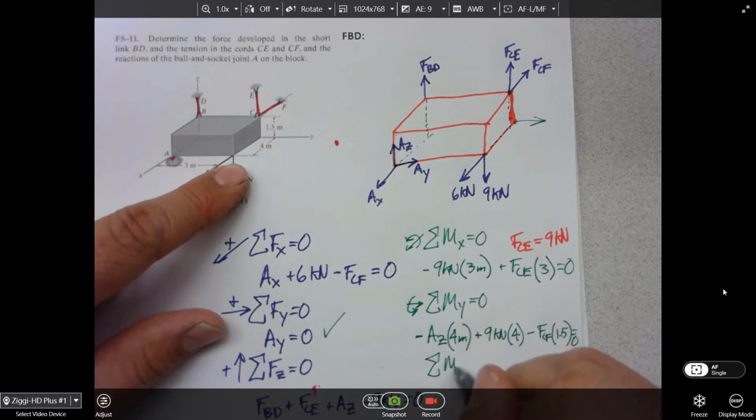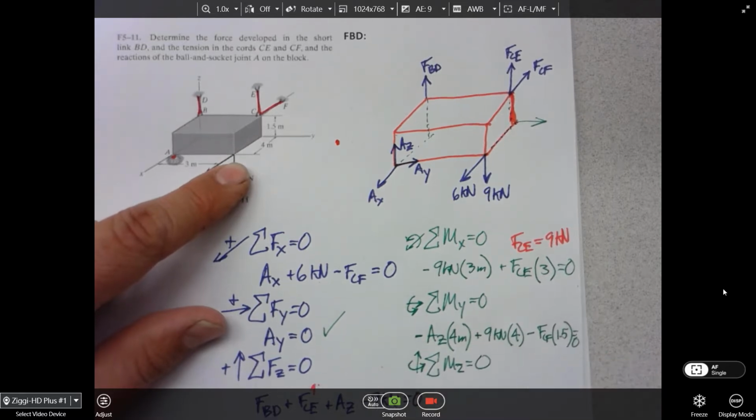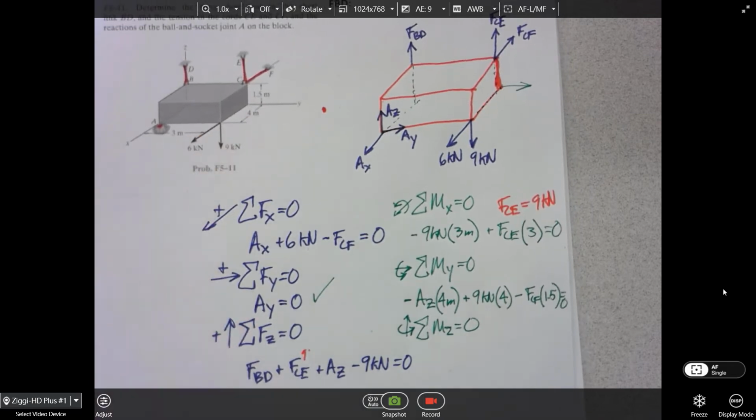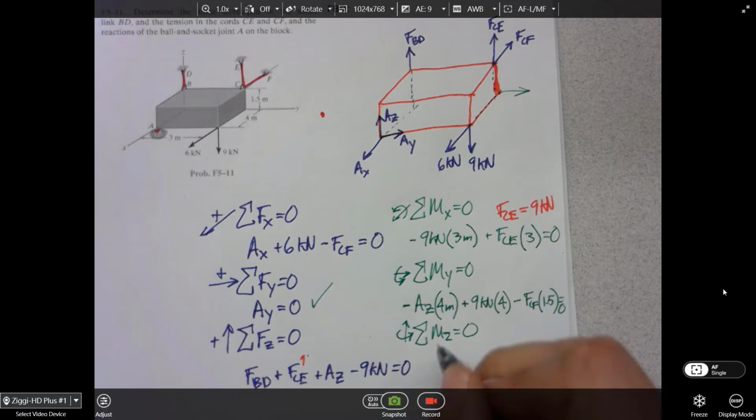Sum the moments about the z-axis, which is straight up. So positive is going to be this way, equal to 0. Who can identify one? FCF. Yeah, FCF, positive or negative? Positive. And the lever arm for that is going to be 3.